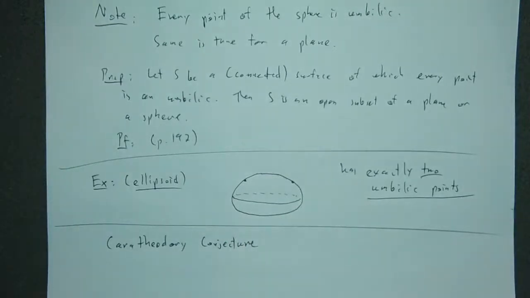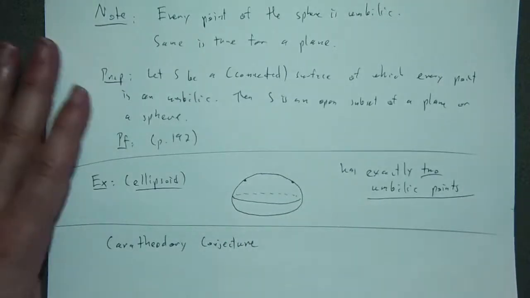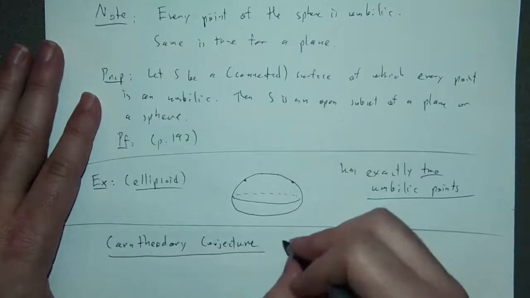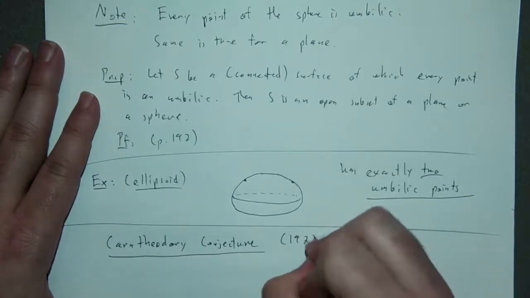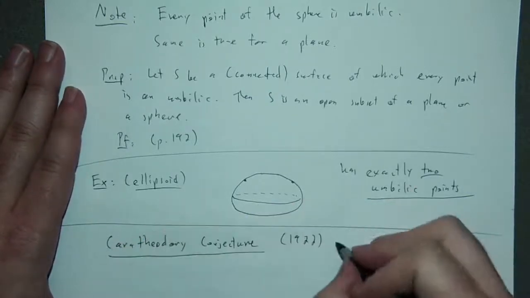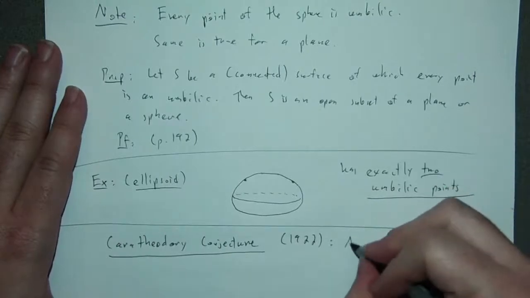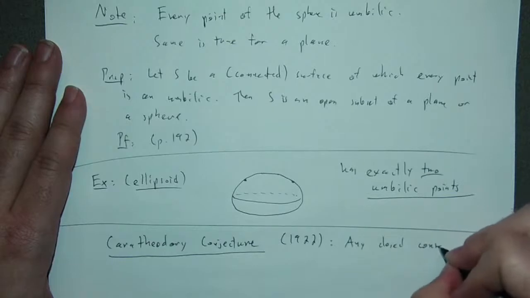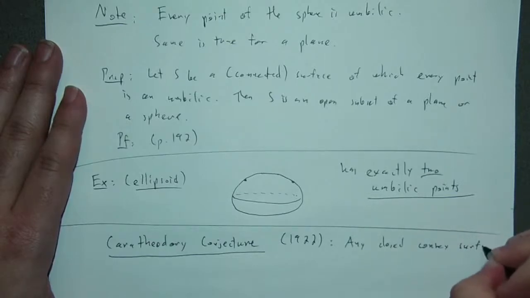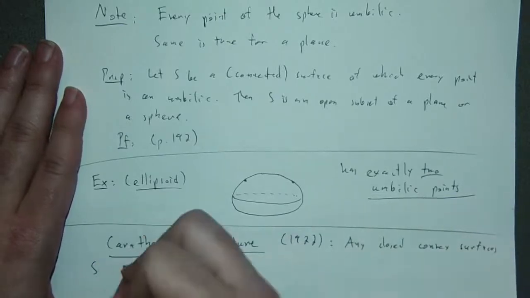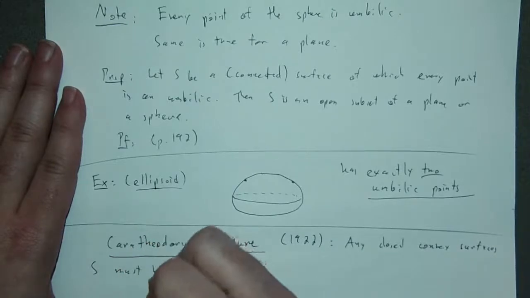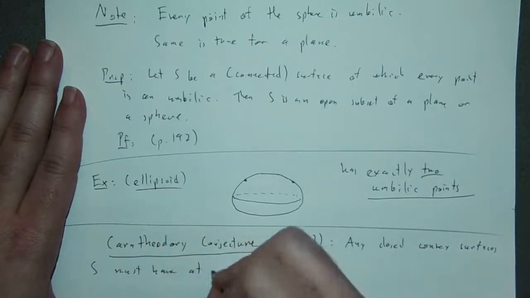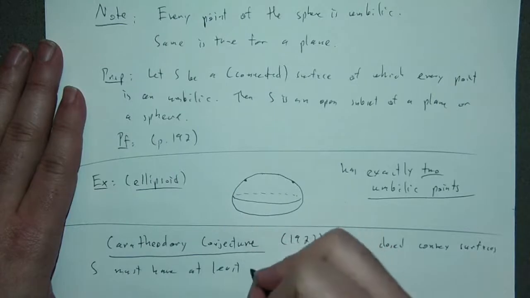Now I believe this was stated in 1922. This is still very much an open problem. So this says that any closed convex surface S must have at least two umbilic points.